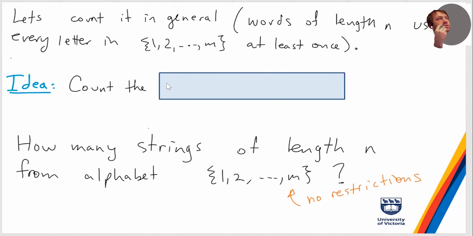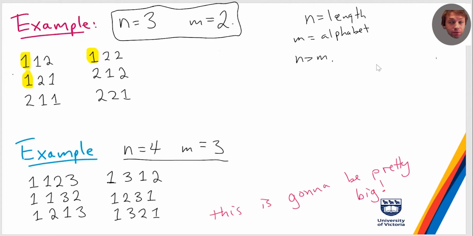It's not really like permutations, if I look at the previous examples, like the case n equals 3, m equals 2. So n is the length, m is the... complement is good. Yeah. But just to make it clear, n is the length of the word, n is bigger than m. m is the alphabet. So you're going to have lots of things repeating.